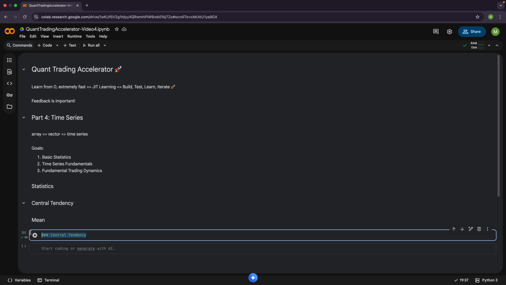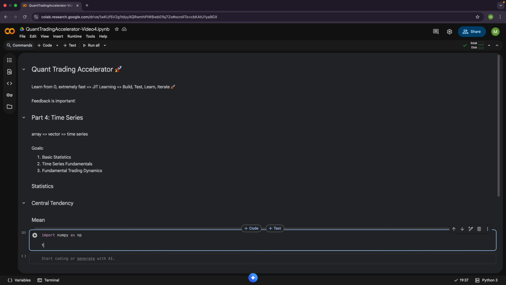With the mean, I'm just going to import NumPy, and I'm going to create a time series of trade P&L. So each element represents an individual trade. For example, here the first trade made $10, second trade made 11, and we're just going to get a few, right?